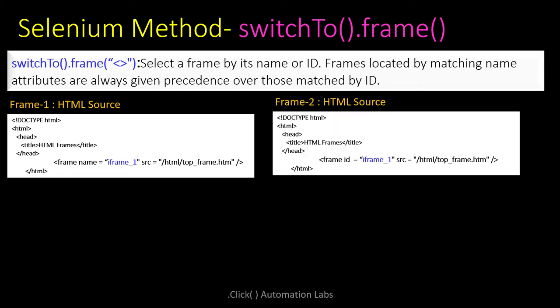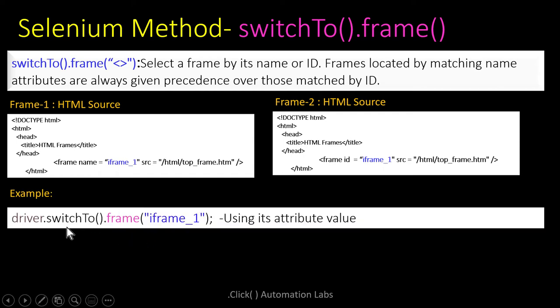Let's see one example. Say there are two frames available. Frame 1 has HTML source with name equal to iframe1. Similarly, frame 2 also exists, with ID equal to iframe1. If I write the code driver.switchTo().frame, to switch WebDriver focus to any frame you need to pass either ID or name.